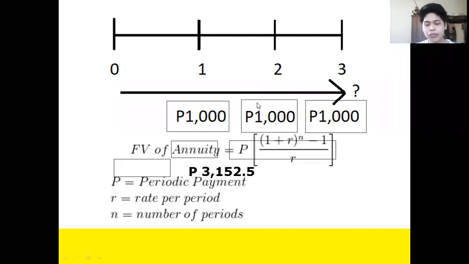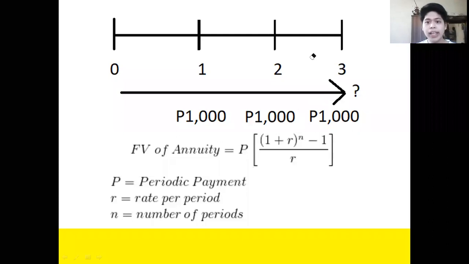The future value of an annuity can be computed by P times ((1 plus R) raised to N minus 1) divided by R. Okay? Just substitute P for periodic payment. So yung P dito, 1,000 pesos.